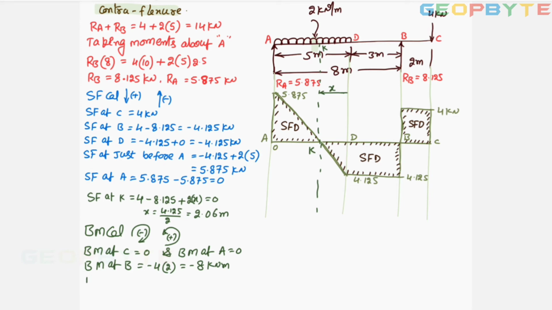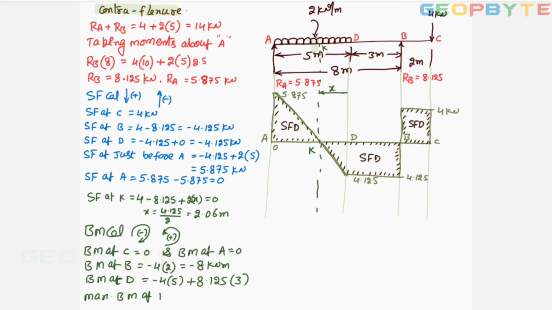Next, BM at D equals minus 4 into 5 plus the reaction, which is developing the anti-clockwise moment, 8.125 into 3.